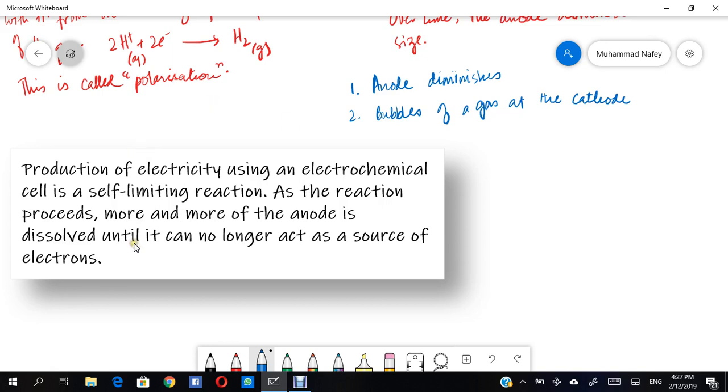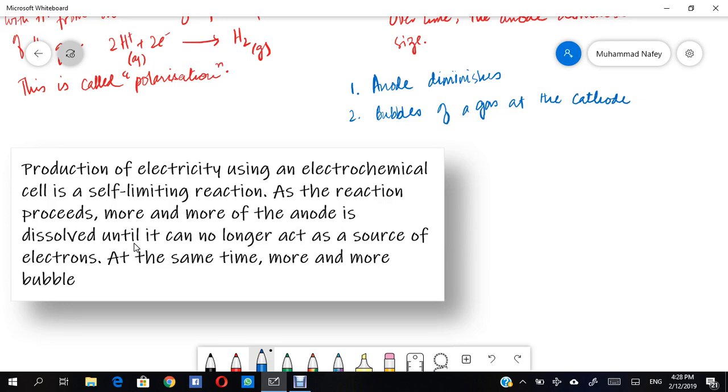At the same time, more and more bubbles of hydrogen accumulate at the cathode.